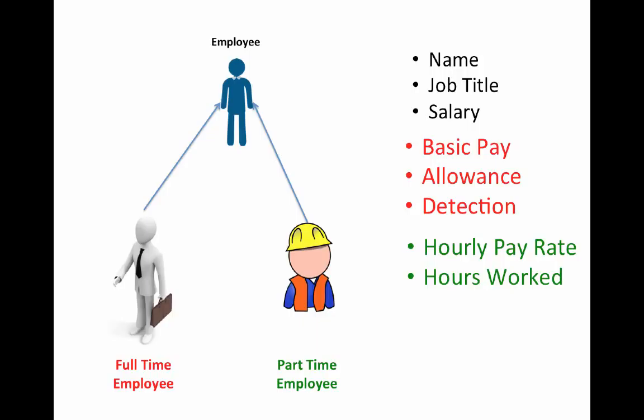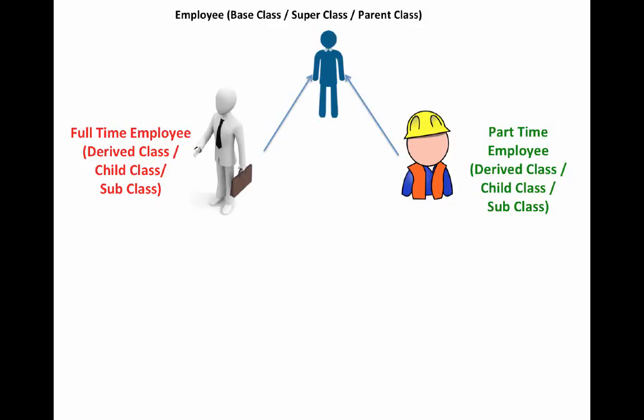So some of the key terms are, employee is called a base class or superclass, parent class, and the classes that are derived from this are called derived class or child class or subclass. So in our example, employee is a base class, full-time employee and part-time employee are derived classes.